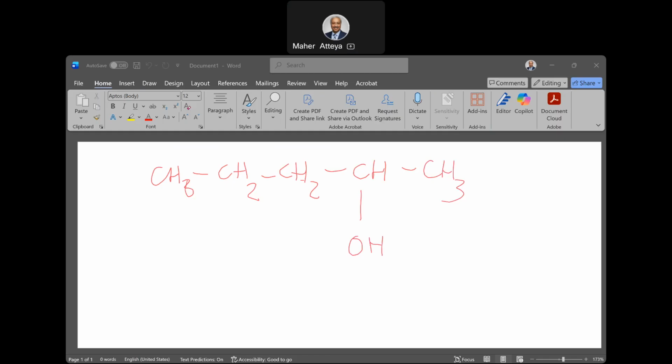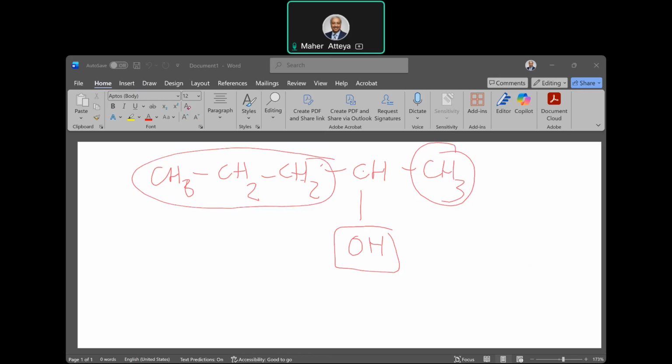It looks like the alcohol is one where the carbon that carries the OH group carries at the same time how many groups? Two groups. We call it, yeah, secondary, not tertiary, sorry, secondary. This is the secondary, correct?